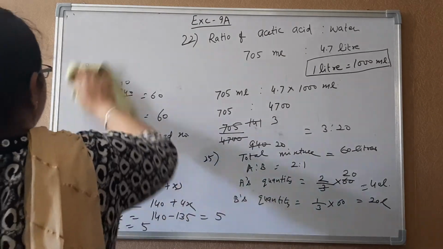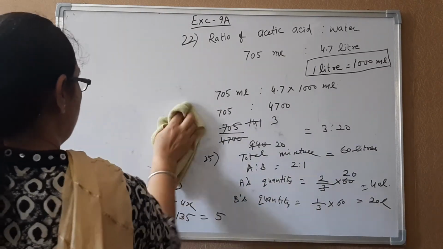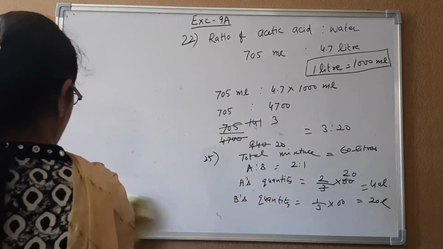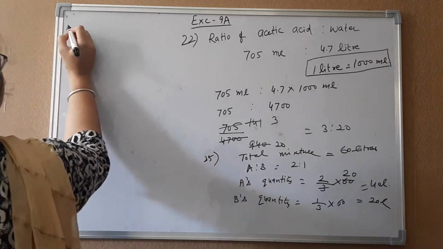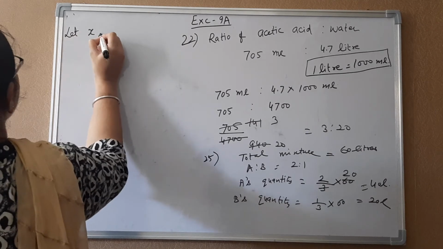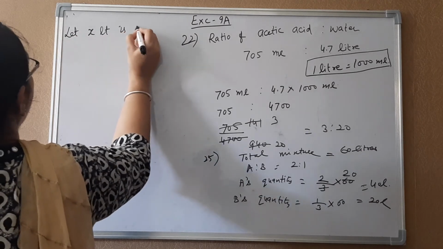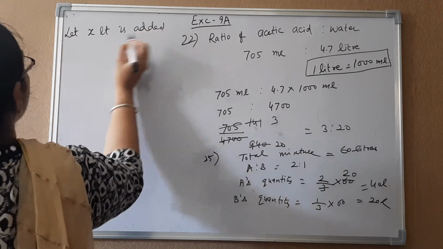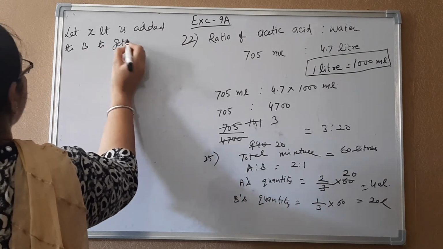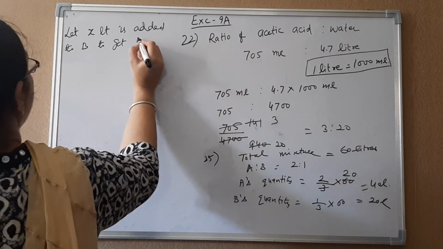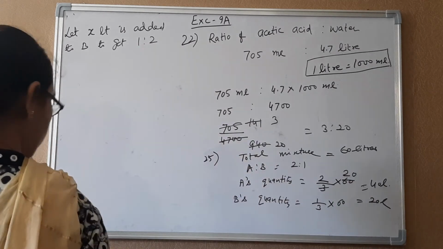So let's assume, we always assume X because X is easier to find. Let X liter be added to B to get the ratio 1:2.